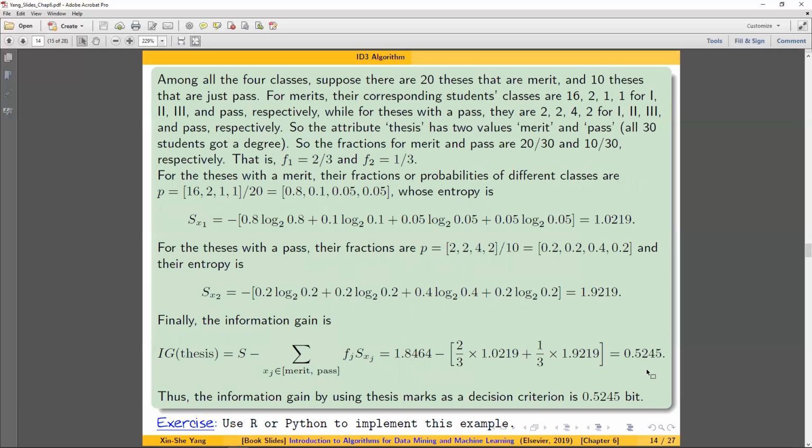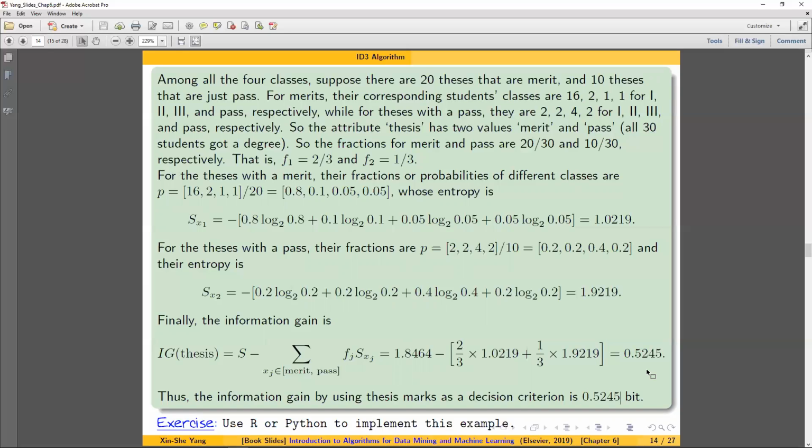Now I'll give you some specific numbers for the first attribute, that is thesis marks. Assume that 20 of the students get a merit score for the thesis, 10 of them just pass, and the rest, 0, fail.